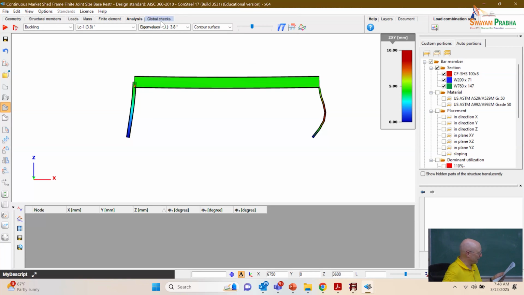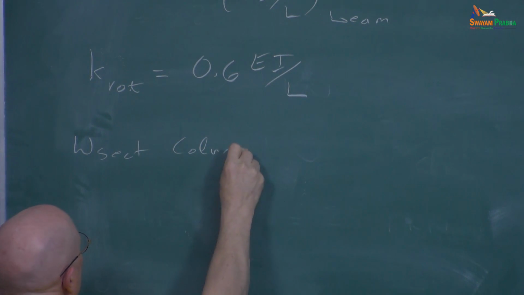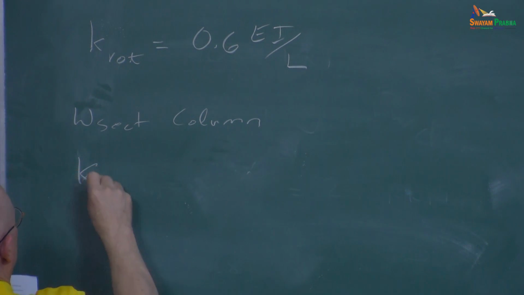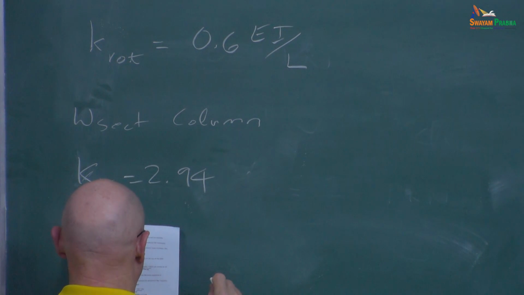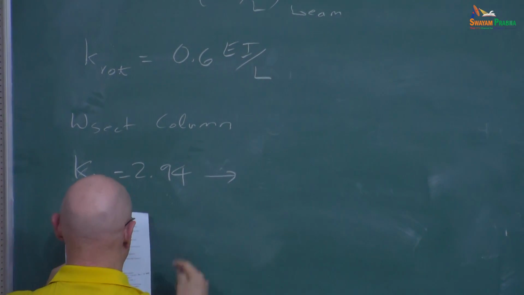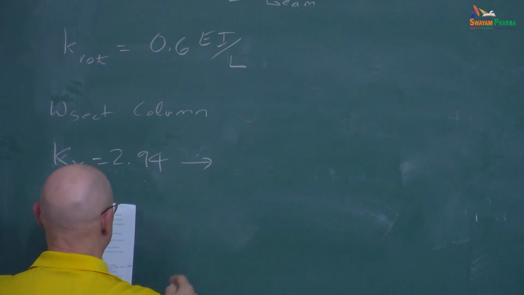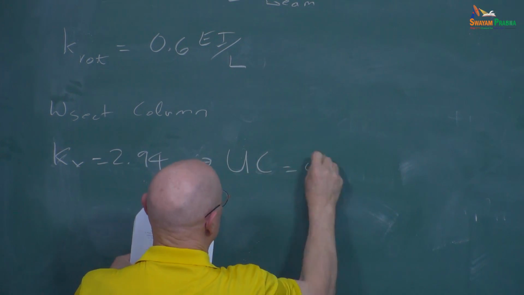And so based on that, if we're looking at the wide flange section column, the W section, I end up now with a KX of 2.94, which based on a 3.6 length gets me to a unity check, if I put it all together, of 0.46.